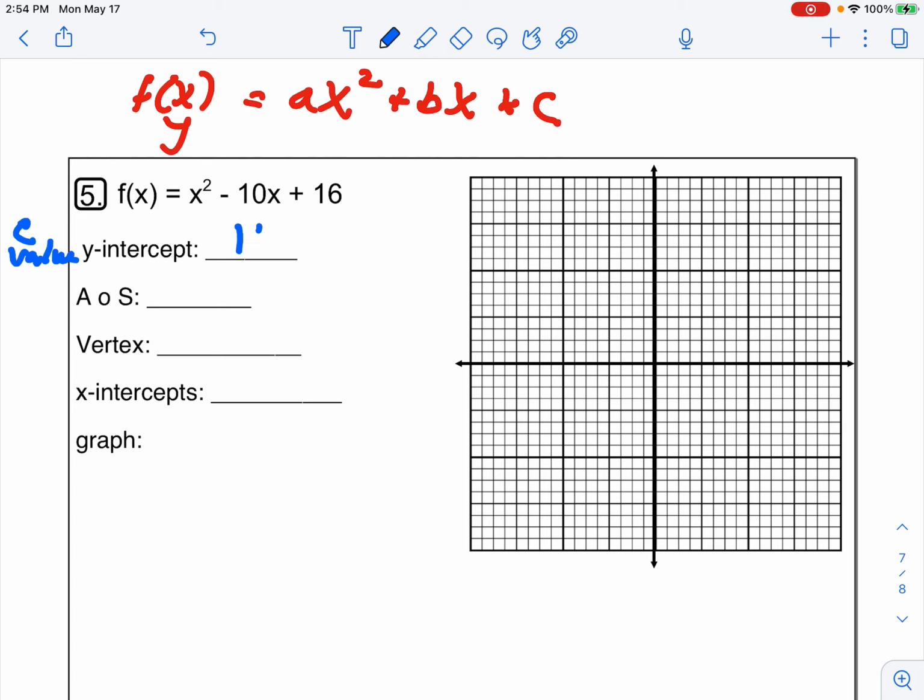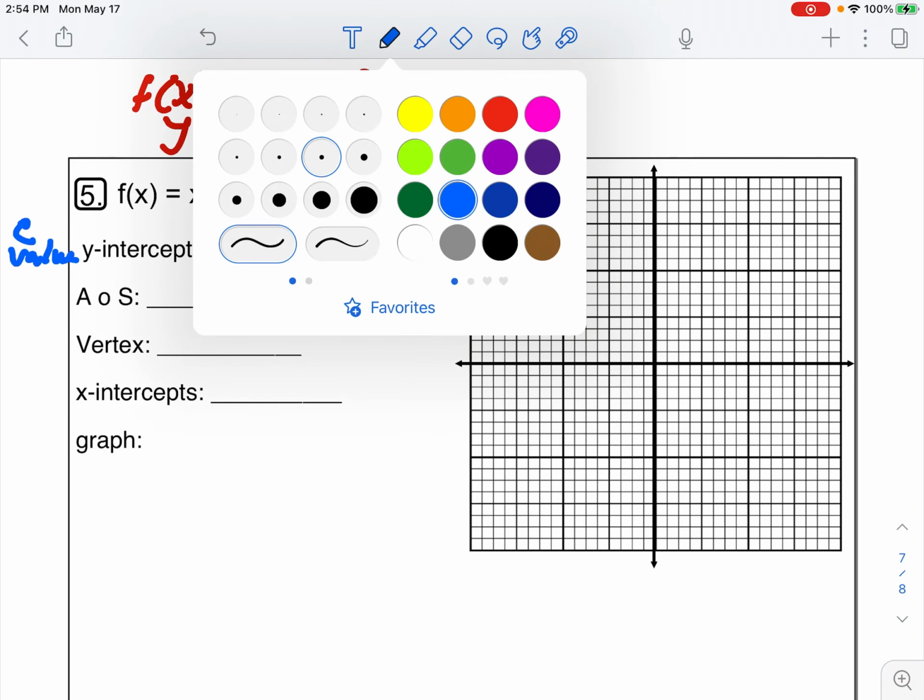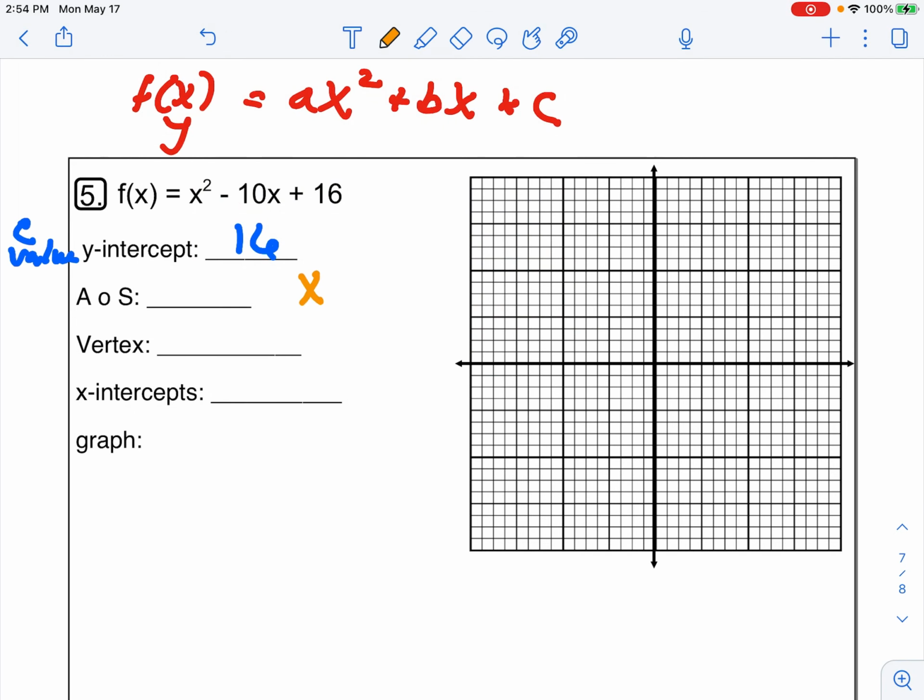So in this case, my y-intercept is 16. My axis of symmetry is always the equation of the line x equals the opposite of b divided by 2a. So in this case, we would have the opposite of b, which is negative 10, so that makes it positive 10, over 2 times 1. And that gives us 10 divided by 2, so our axis of symmetry is x equals 5.